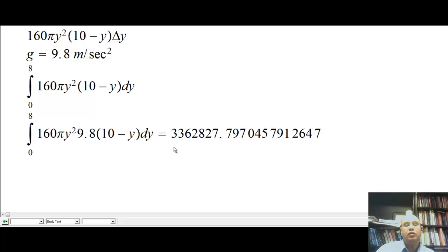You get this value, which is going to give you these many joules, because this is the work done in Newton meters, which is called joules, right?